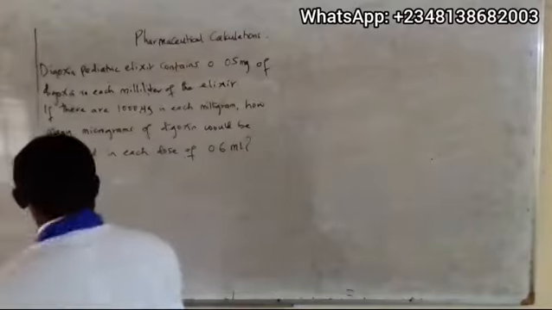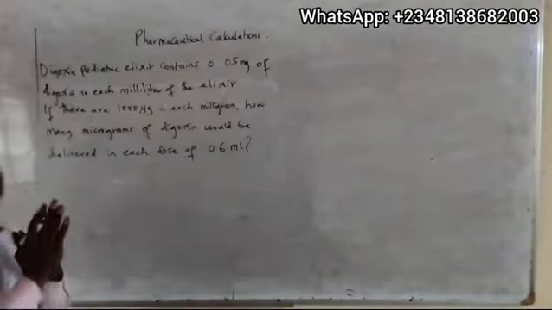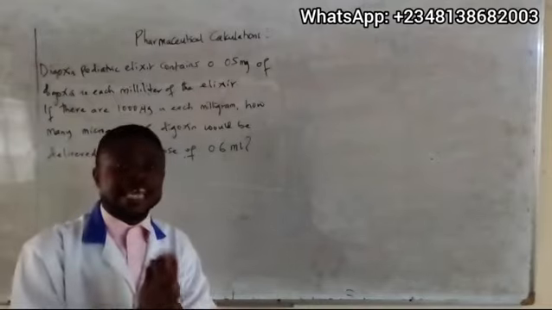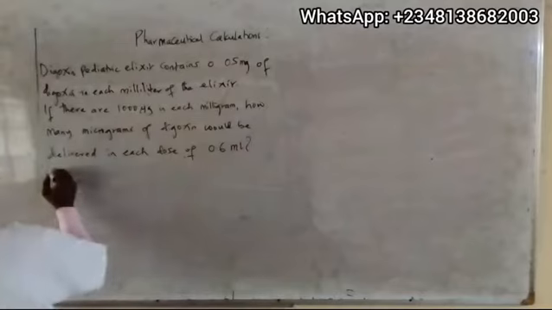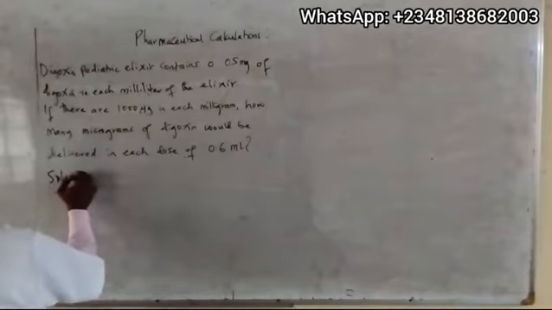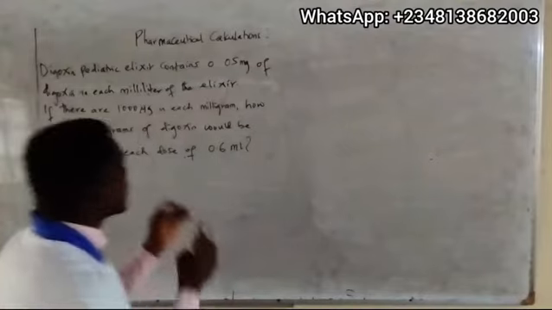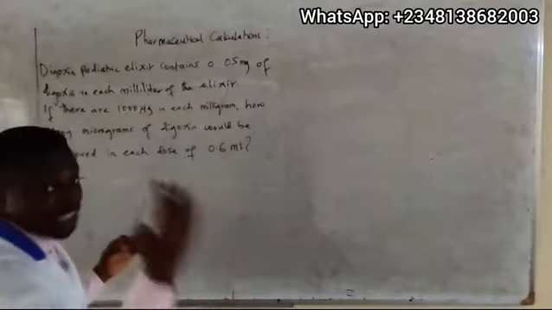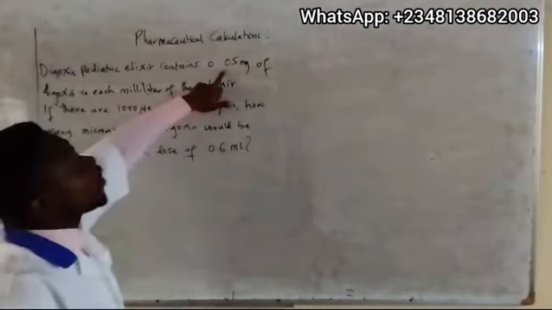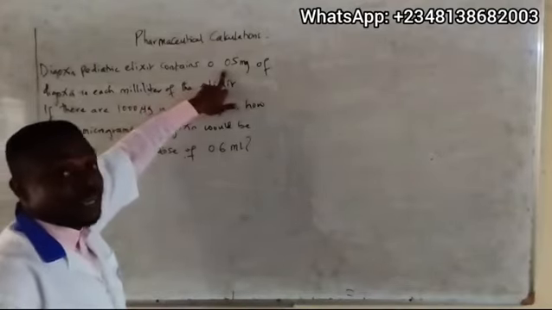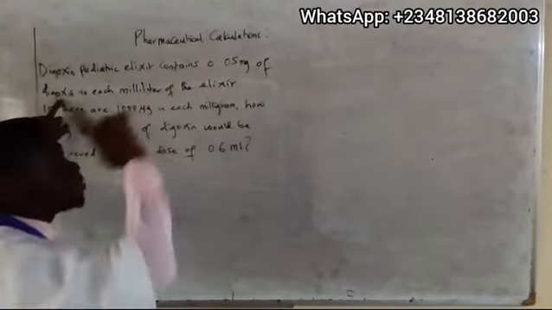Alright, let's look at the question critically. The product, digoxin elixir, on the shelf has 0.05 milligram of digoxin in each ml.